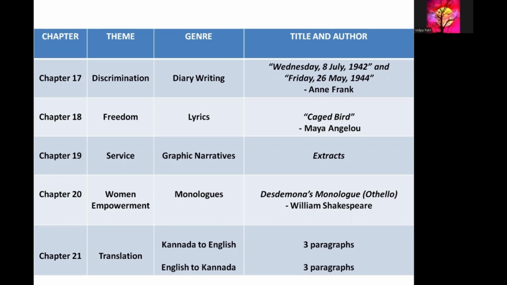In this chapter, we will be studying two entries, one written on 8th July 1942 and the other written on 26th May 1944, from which we will be able to understand the grave situation which Anne Frank and her family had to go through.